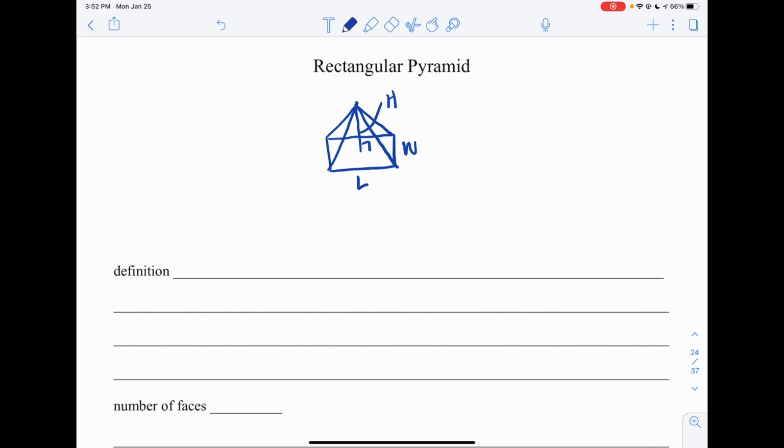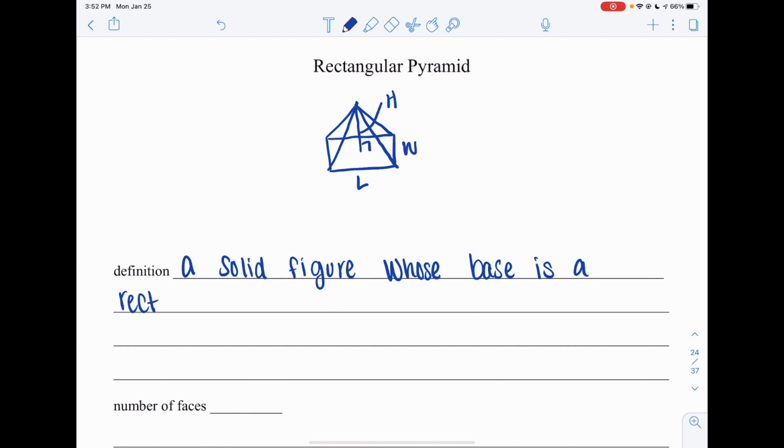Now, what a rectangular pyramid is, it's a solid figure whose base is a rectangle and the sides are triangular faces.